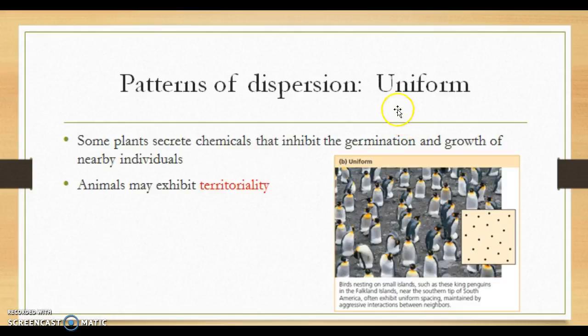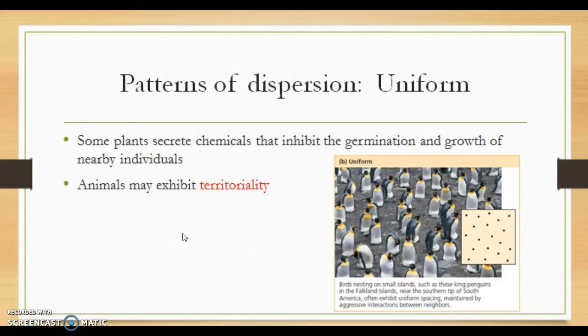The next method of dispersion is uniform, which is what we see going on in this image here, and we can kind of see that going on with the penguins as well. This happens in both plants and animals, where we have the uniform distribution. Everyone has their own personal space. This happens in plants because some plants will put off a chemical that will prevent other things from growing around it.